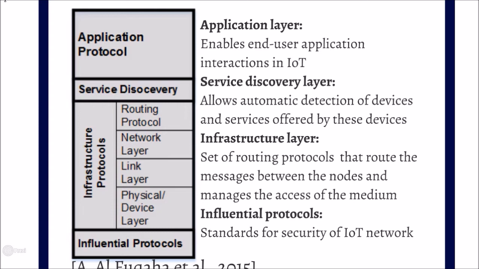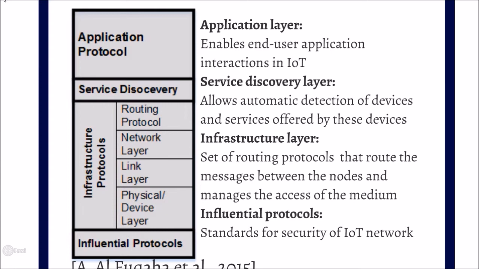Then we have the infrastructure layer. This consists of several layers that are responsible for routing between devices and, for example, managing the access of a wireless medium between transceivers. The bottom layer is the influential layer.